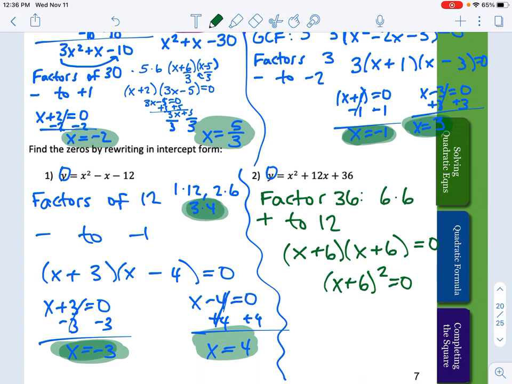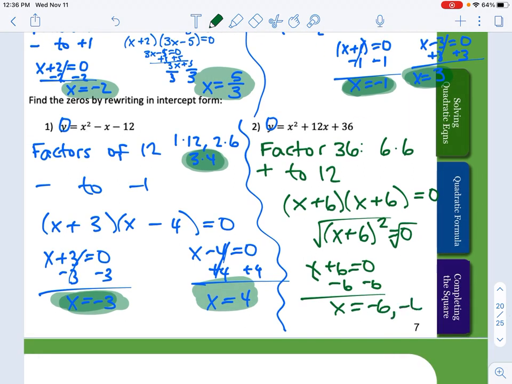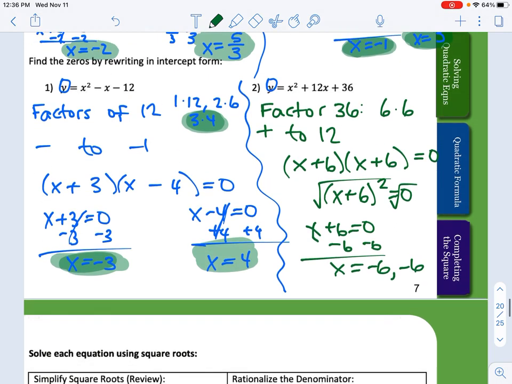Now, it doesn't honestly make much of a difference. You take the square root of 0, you still get x plus 6 equals 0, and you solve. You're going to get that x equals -6 either way. And you can decide to write the factor or the 0 twice, but you don't have to. This just means that your vertex is going to be at that -6 point since it only crosses the x-axis one time.